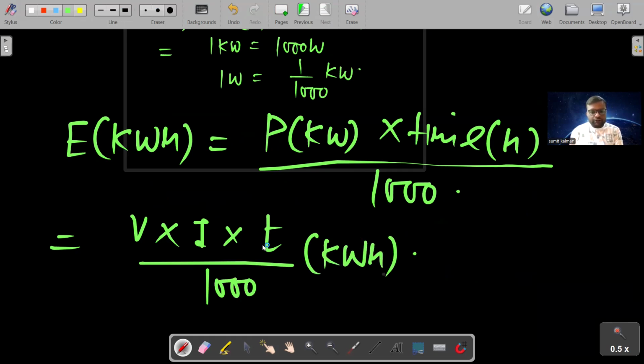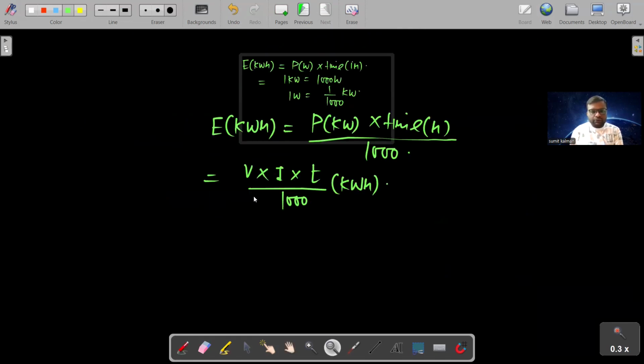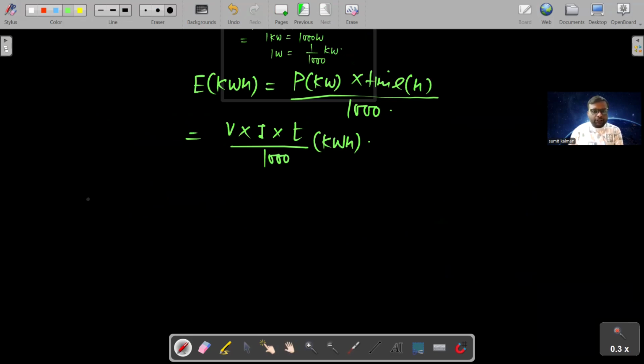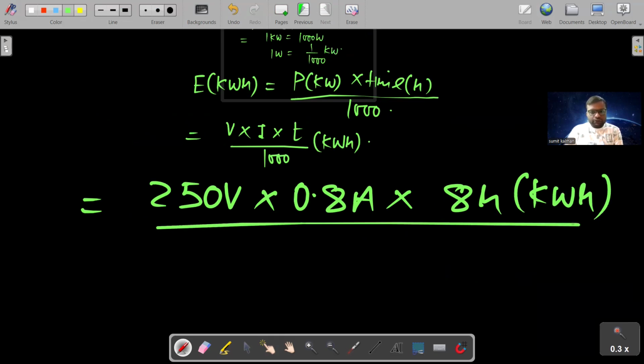So here, how much is voltage? 250 volt. Current is 0.8 ampere. Time is how much? 8 hours, and it is in kilowatt hour upon 1000.